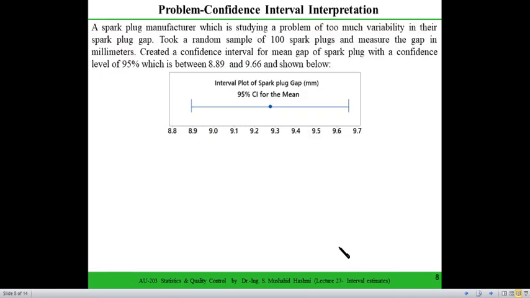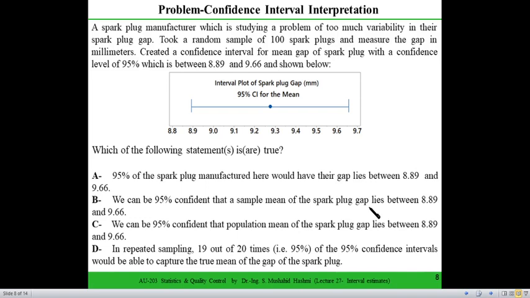If you look at this particular example, you have a spark plug manufacturer where you have some lower and upper limits. This is actually an MCQ, or a problem in which you have to work out which of the following statements are true. A spark plug manufacturer is studying a problem of too much variability in the spark plug gap.